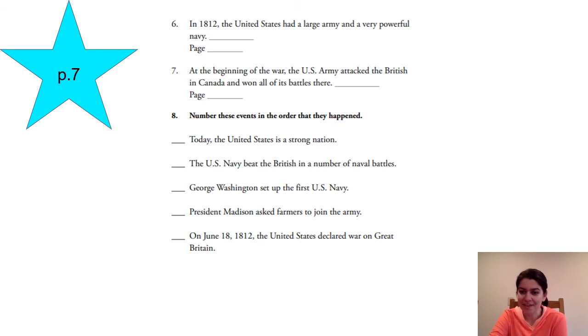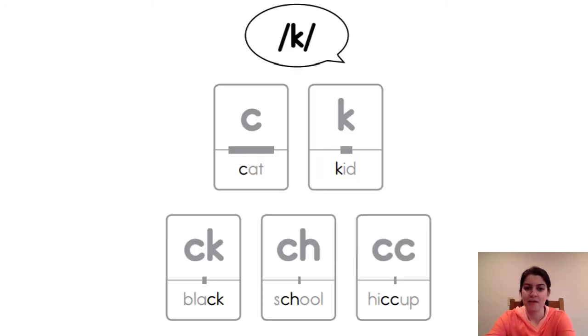Now we'll move on to our letter sounds. All right, today we're going to be looking at the k sound. What sound? Good. We've already learned many different ways to make the k sound. Almost all of these on here should be familiar.